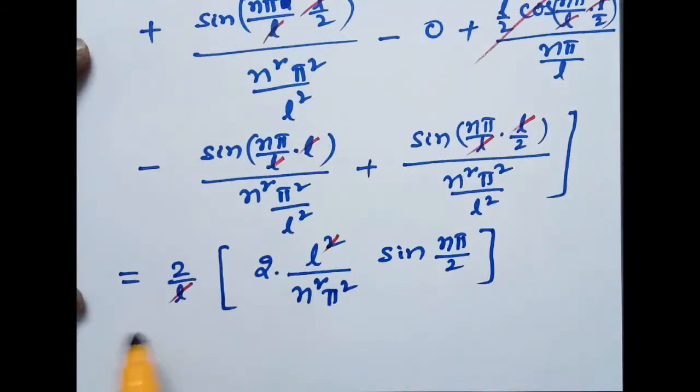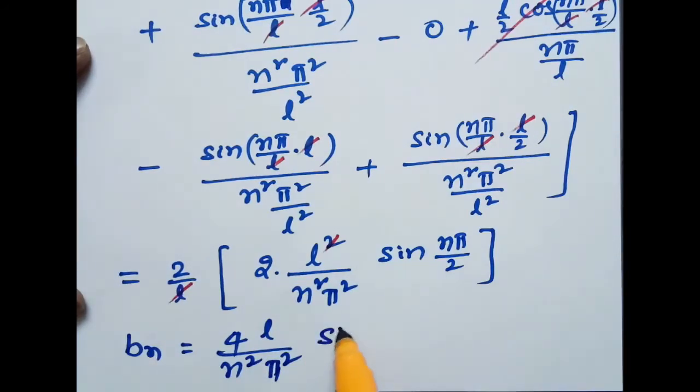This is Bn. Bn is equal to 4 times L by n square pi square into sin of n pi by 2. This is Bn.